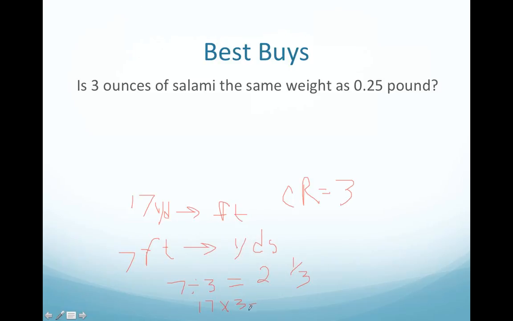But the rate is always 3 in this case because there's 3 feet in 1 yard. So the rate is always 3. So in this case, and on this one right here, I should put yards on the back end of it. You've got to use the correct unit of measurement, or the answer gets marked wrong. And then that's going to be 51.